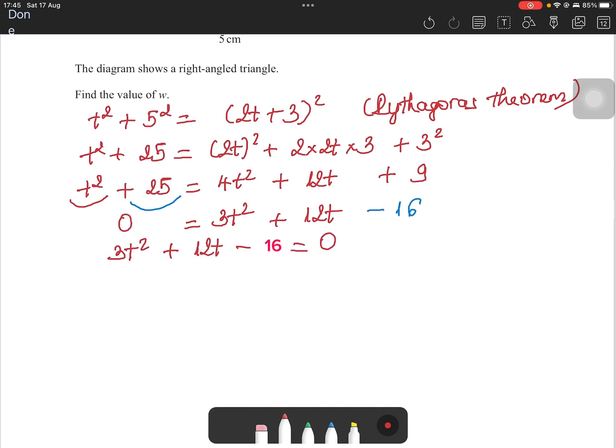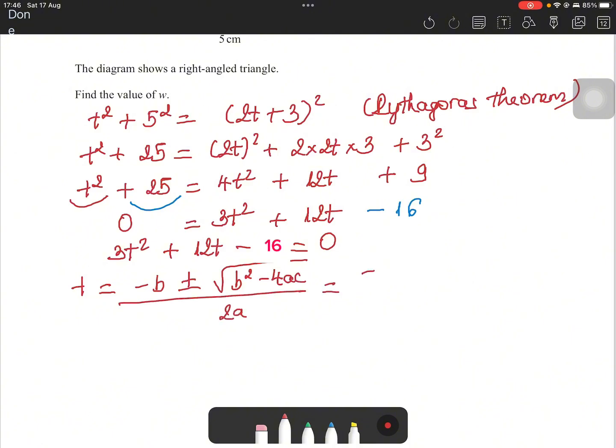You can use the quadratic formula to solve this equation. The quadratic formula is t equals negative b plus or minus the square root of b squared minus 4ac over 2a.